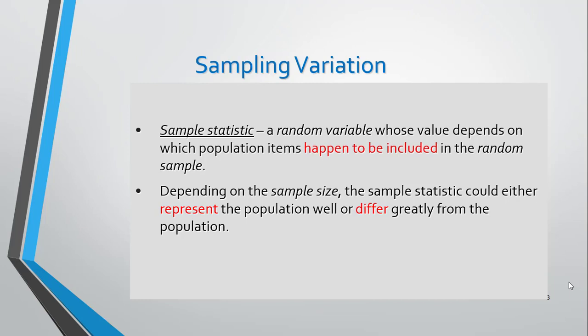And if it differs from the population, it's going to be too bad, right? Your survey, your research is going to be invalid. Okay? The sampling variation can easily be illustrated. Next.